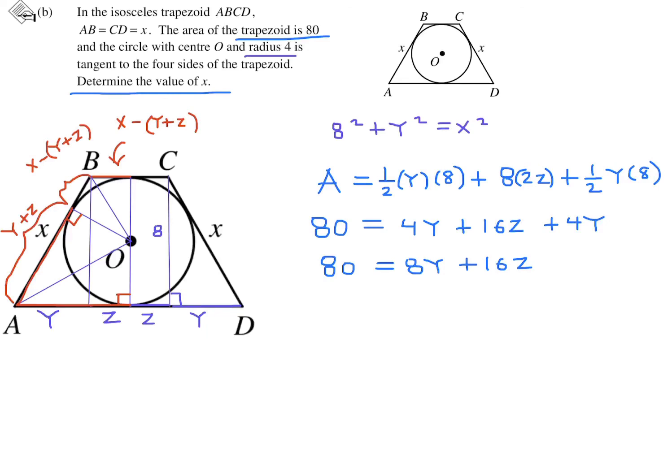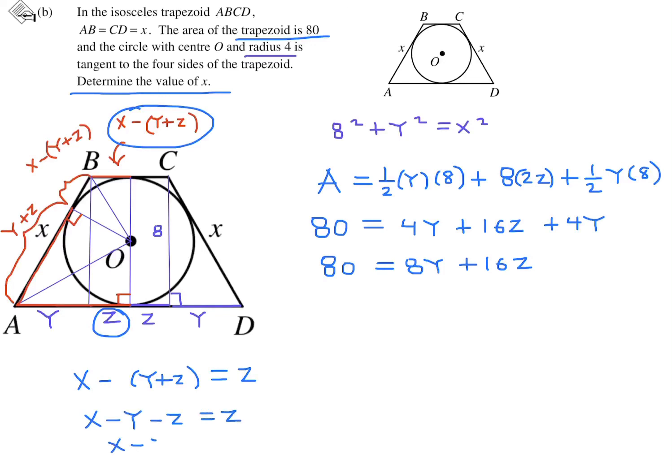Now where do we go from here? Well, the good news is we have this relationship. This and this. If you look at that diagram, those are equal. So x minus y plus z is equal to z. So therefore x minus y minus z is equal to z, and therefore x minus y is equal to 2z, like that.